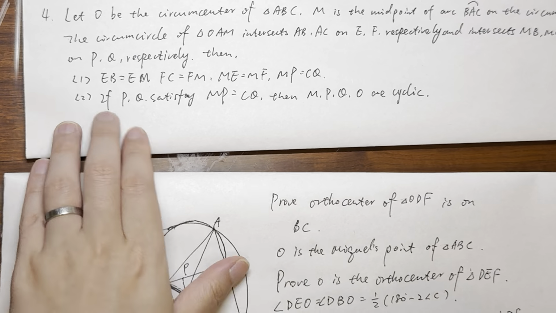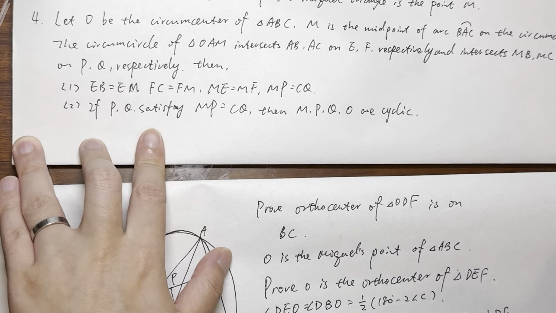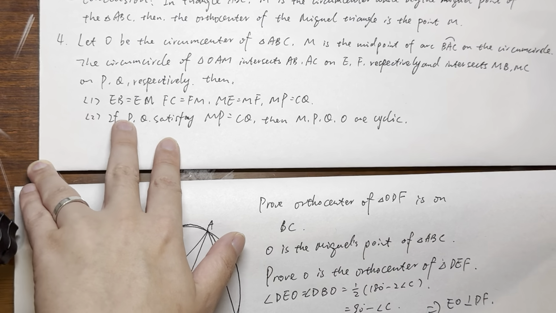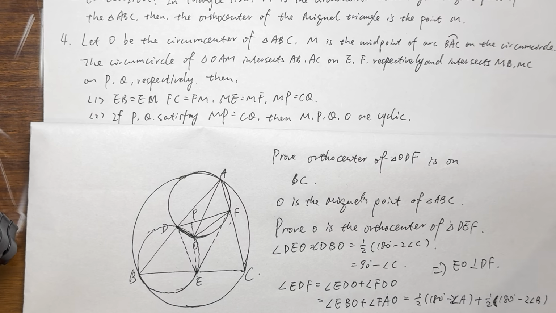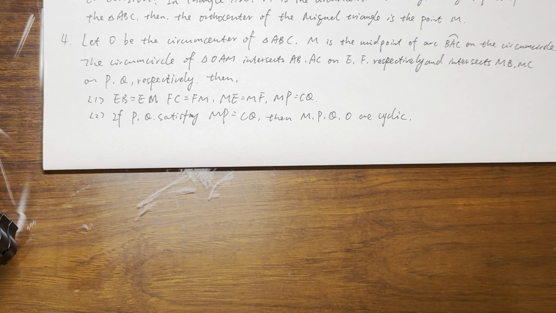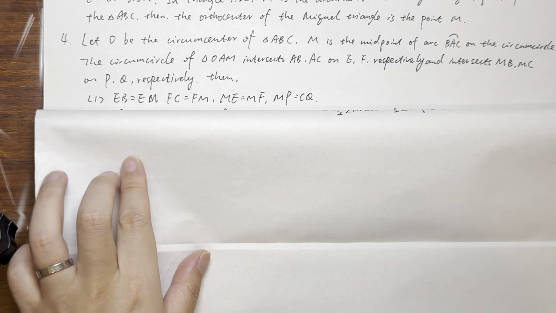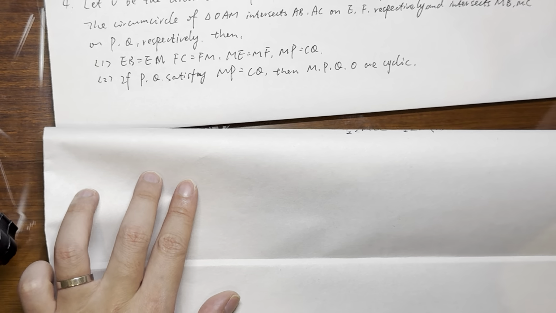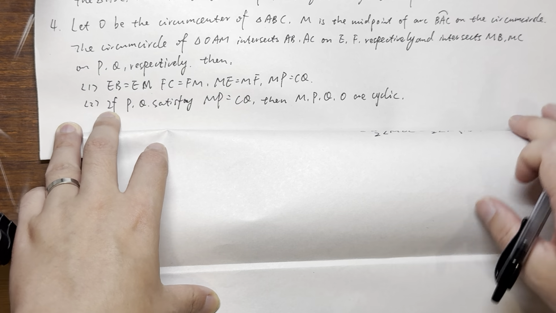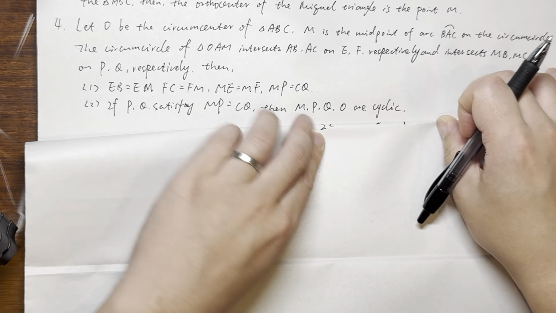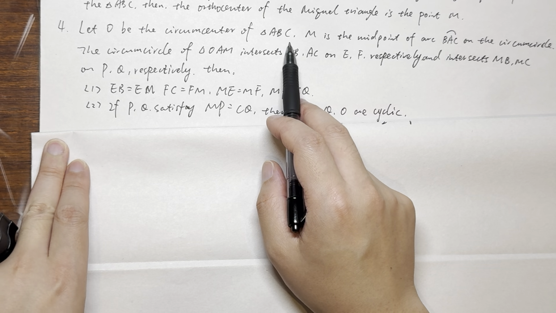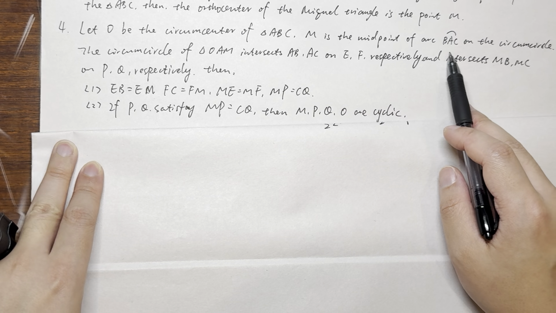Okay, let's see the fourth problem, which is also property 4. Let O be the circumcenter of triangle ABC, and M is a midpoint of arc BAC.